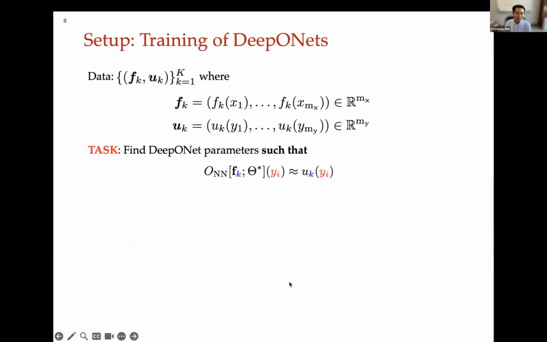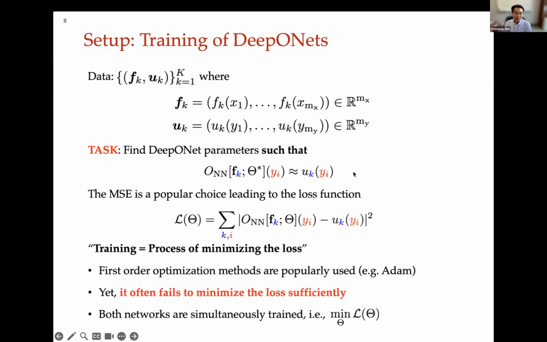Then the training task goes as follows. We want to find the DeepONet parameters that approximately fit what is given in our data set. Here K represents the number of data points, given as pairs of functions, and I represents our output function sensors. Typically MSE is used, and training refers to minimizing this loss function.